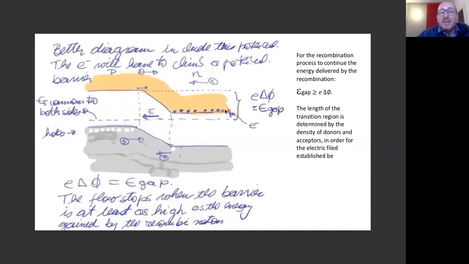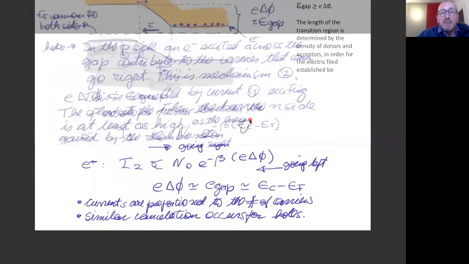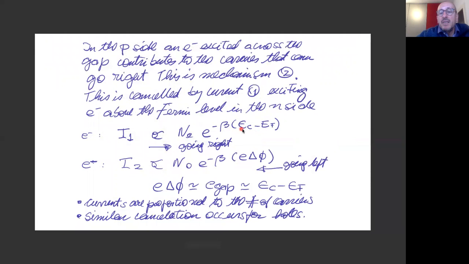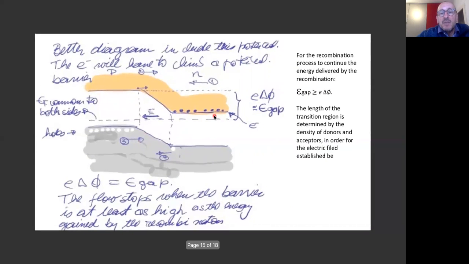What does it do? It takes these electrons here and excites them to this level. What is the level that it needs to be excited to? It needs to be excited by the energy of the gap, okay? Which is E conduction minus EF, okay? So this is the excitation level. This one over here, I know that I have to excite it through the gap.